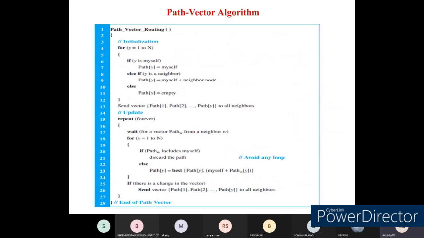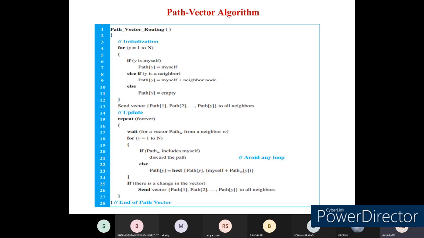If there is no path from node A to node C, for the example we have taken, then upon reception of the path vector from node B, a link can be established from B to C. So I am able to establish a communication path from A to B and B to C. Similarly with respect to D, the same thing will happen.